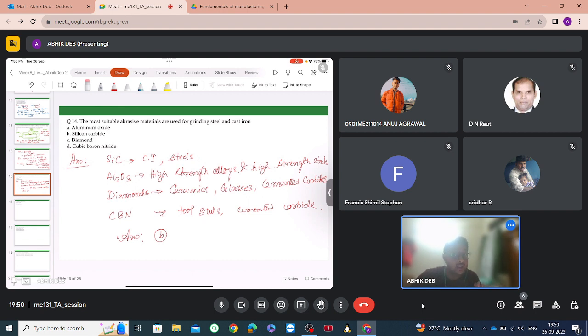So it depends on what you are using the diamond with, but in general, if used properly, diamonds have the maximum tool life, I would say.